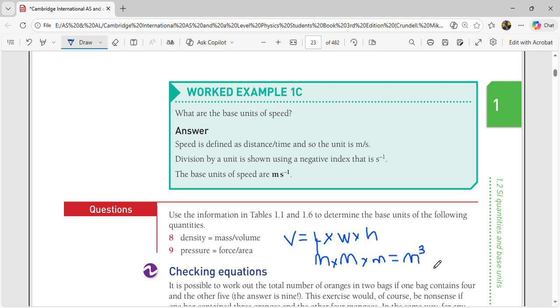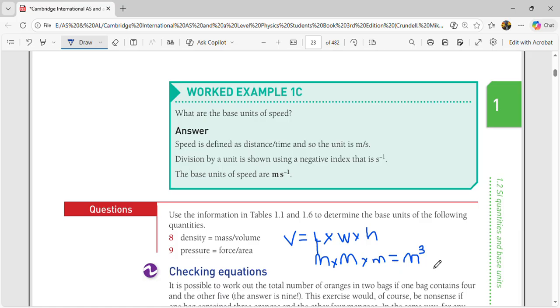Those are all lengths, which is meter cubed. So the derived unit for density is kilogram over cubic meter, which is kilogram per meter cubed.